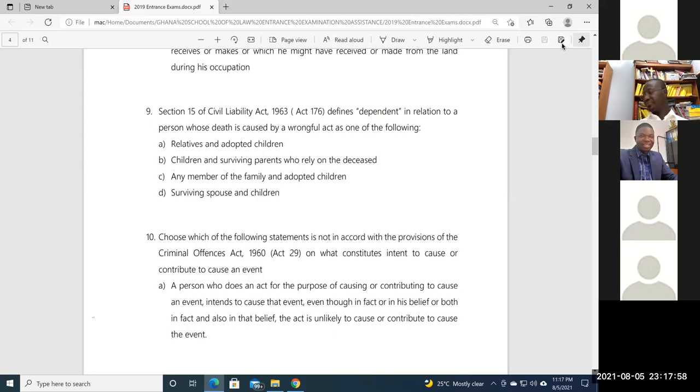So that is the meaning of dependent per section 15.